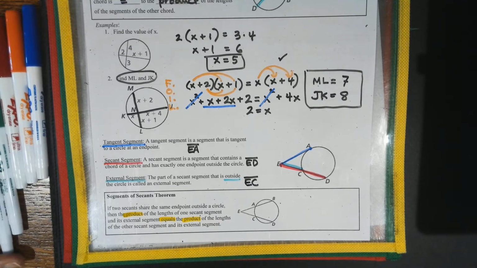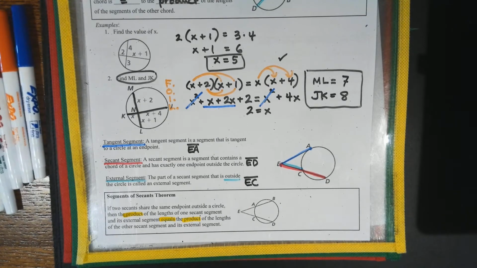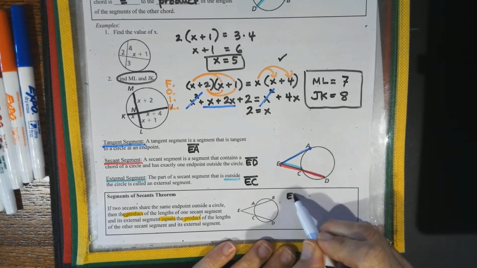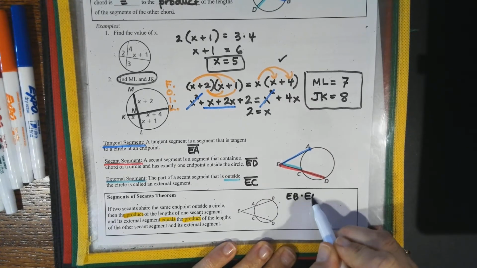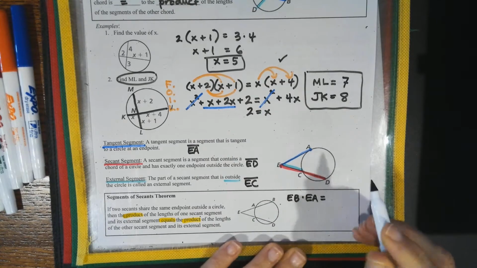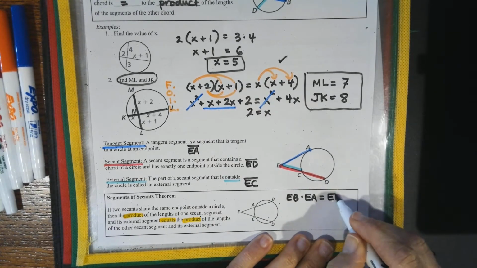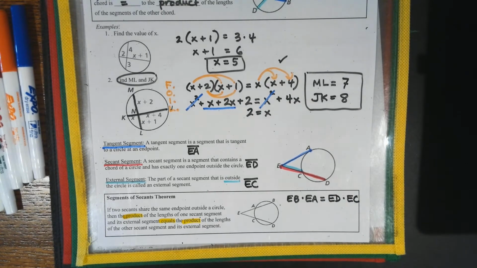And so this is what it looks like. Here's what it says. EB times EA is equal to ED times EC.